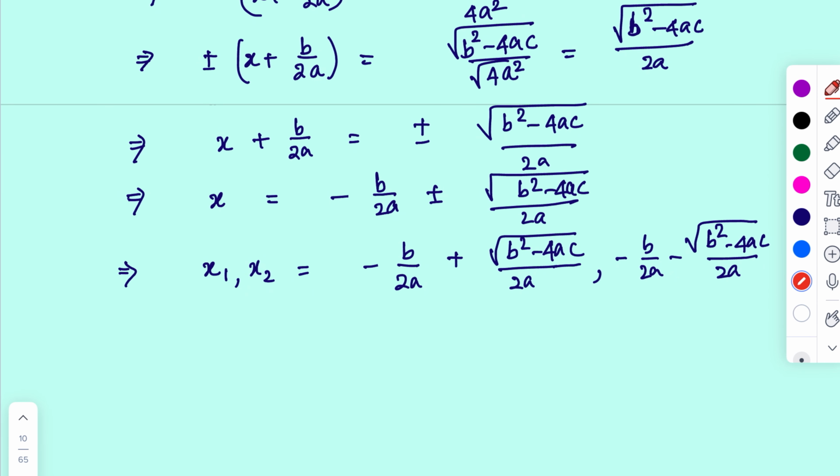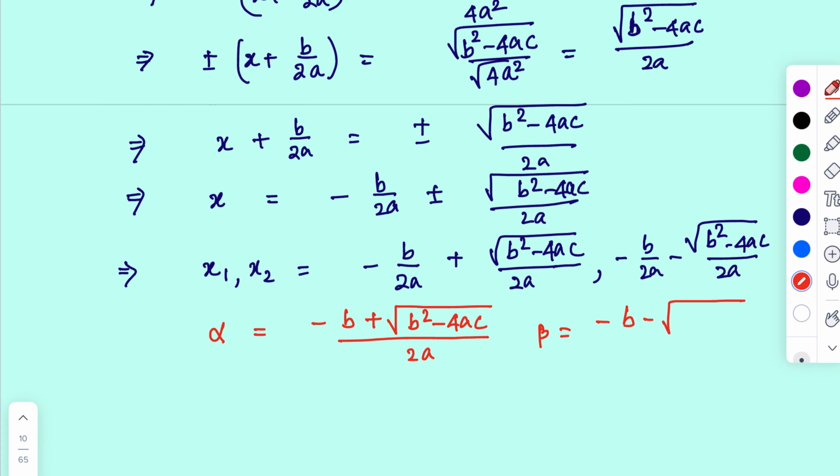And we name these two values, that is x1 and x2. They are two zeros of the quadratic polynomial, and we name them alpha and beta. Alpha is equal to minus b plus square root of b square minus 4ac by 2a, and beta is equal to minus b minus square root of b square minus 4ac by 2a.